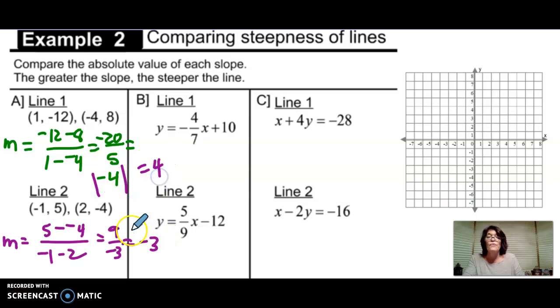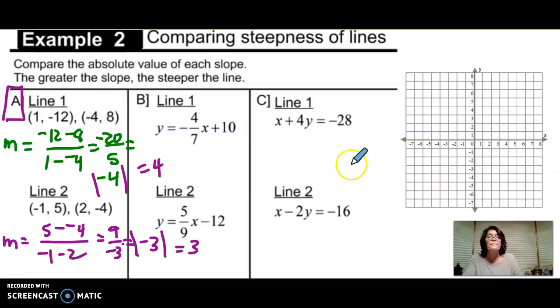I'm comparing 4 to 3. 4 is bigger, so line 1 is the steeper line. If I hadn't taken the absolute value, sometimes people say you just take the bigger number. Well, -3 is bigger than -4, so I might have thought that this was steeper. You have to take the absolute value and then compare them.